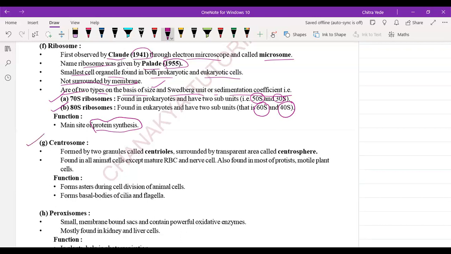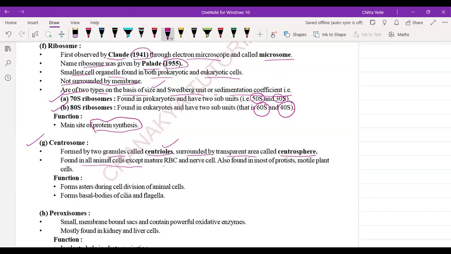Next, we have centrosomes. They are formed by centrioles surrounded by the transparent area called the centrosphere. And they help during cell division. They are found in animal cells and not in plant cells.